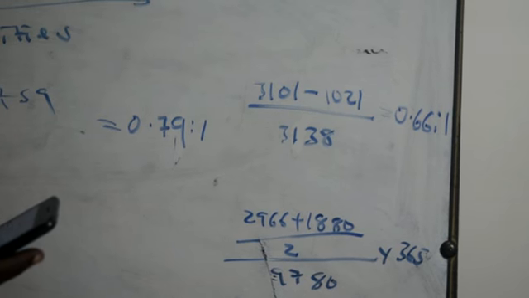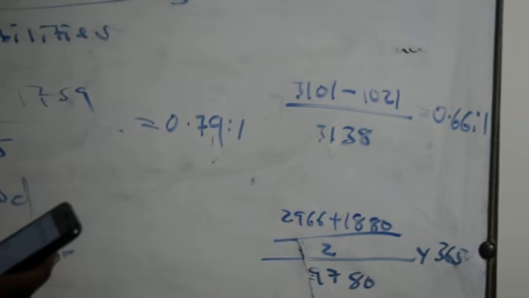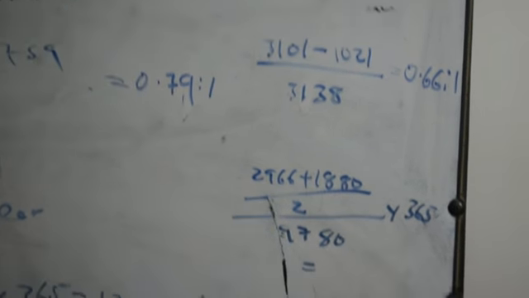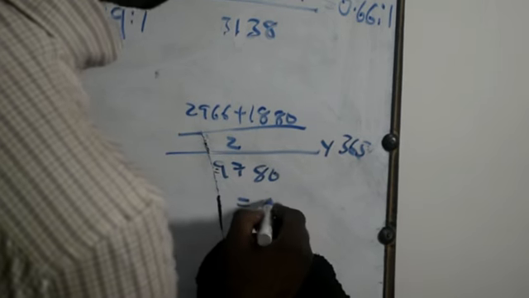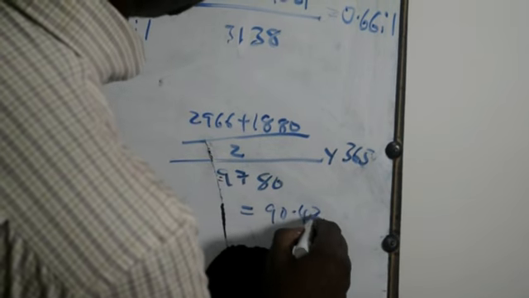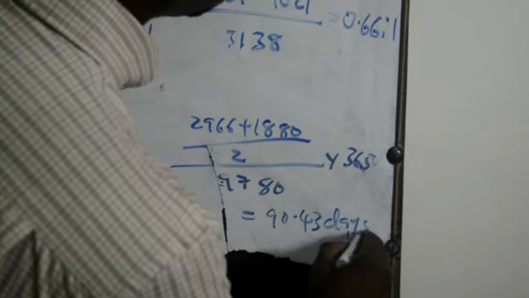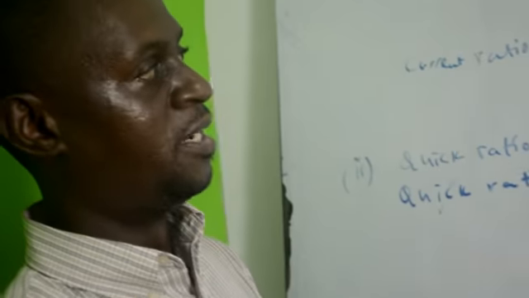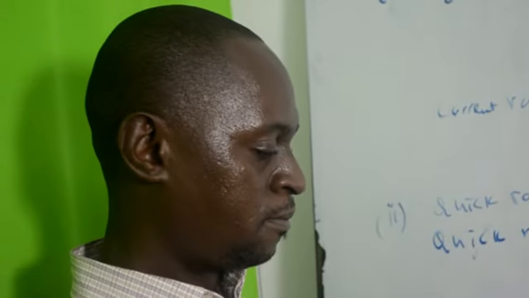Then you multiply by 365. So this is 90.43 days. So that is the average debt collection period for the year 2013.